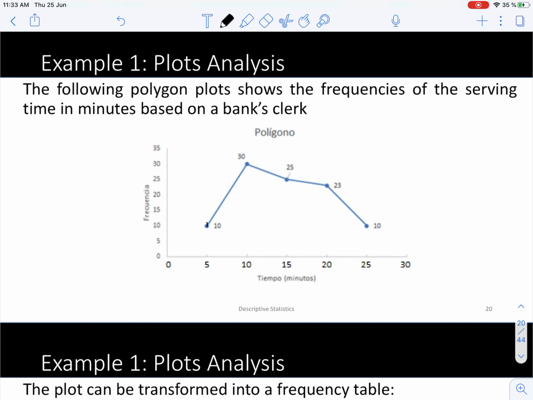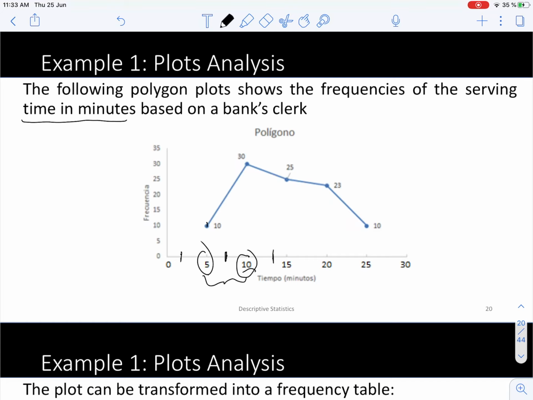Remember that if we have a continuous variable like this one, time in minutes, in the polygon plot you use the class mark, meaning that this 5 represents the class mark of the first class, and 10 is the class mark of the second class. That's the midpoint. So if we know that the midpoint of the first class is 5 and the midpoint of the second class is 10, then we will be able to compute the lower and upper boundaries.